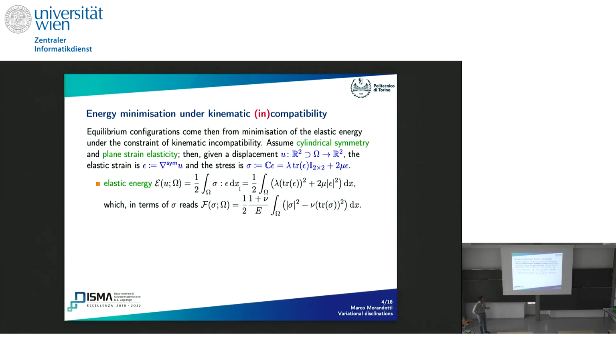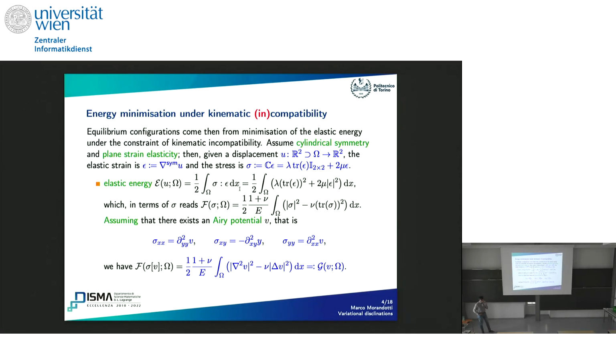And in terms of sigma, it can also be written in this way. So this way is pretty interesting because it's got quadratic terms in sigma. So this is the norm squared, and this is the square of the trace of it. Nu is the Poisson ratio, and capital E is the Young's modulus. And usually the assumptions that one makes on Lamé constants are such that the C turns out to be positive definite. So this is an energy which behaves quadratically, and it's fine for minimization purposes.